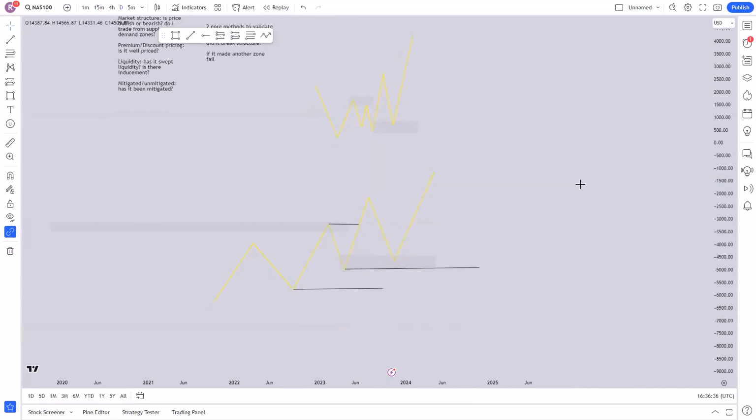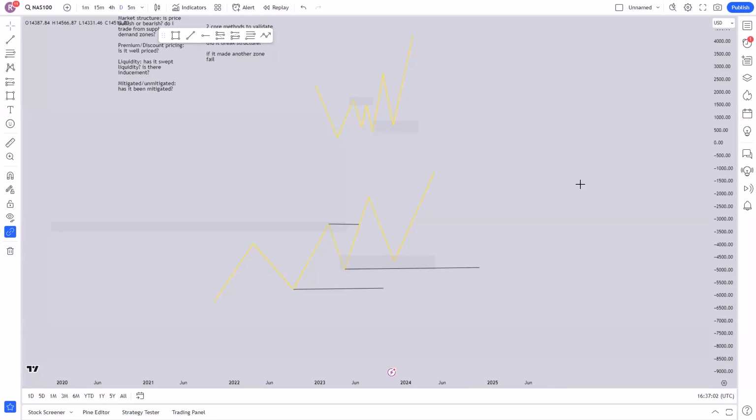Is it possible to trade this strategy on a lower time frame? One thing I will recommend to you: the lower the time frame you trade on, the much harder things become. The reason is that on a lower time frame, you have so much noise.